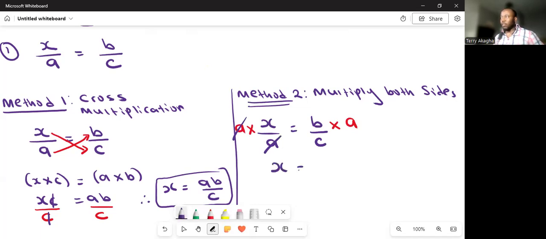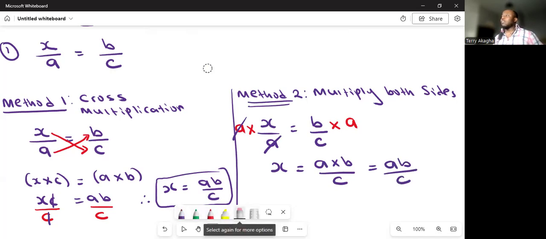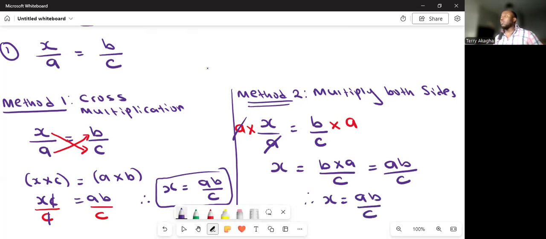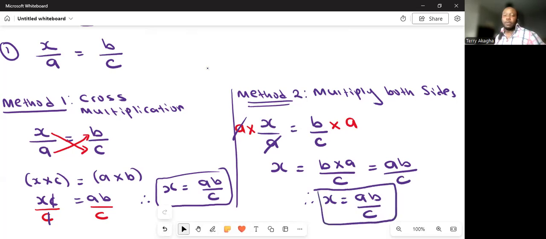So we have x is going to be a times b over c, and that will give you ab over c. Or if you want to put it in the right form, you can say b times a over c, and therefore x is equal to ab over c. And that is that for that question.